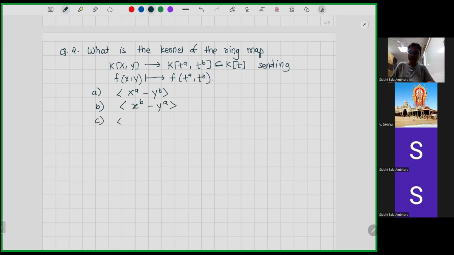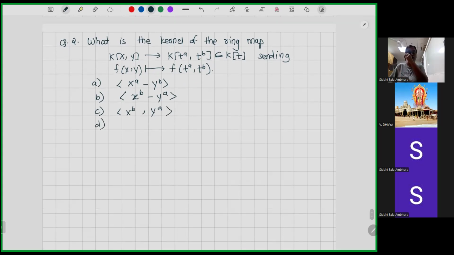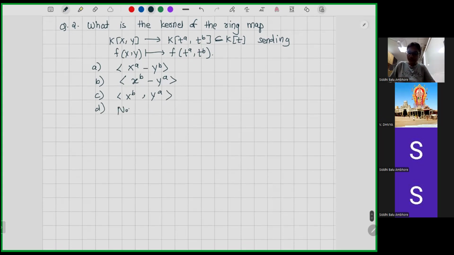Third one is x^b minus y^a comma y^a, I mean, the ideal generated by these two terms. And the last one is none of the above. Oh, it's not A, B, it's 2 and 4. Not here, A, B and none of the above.